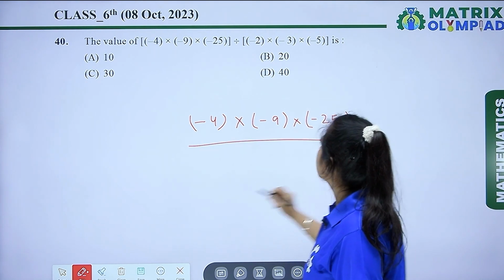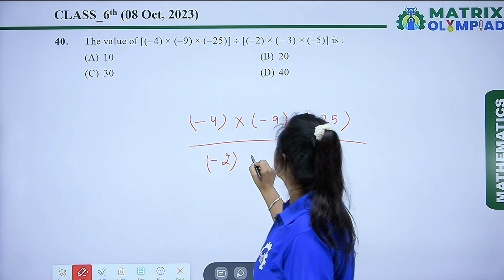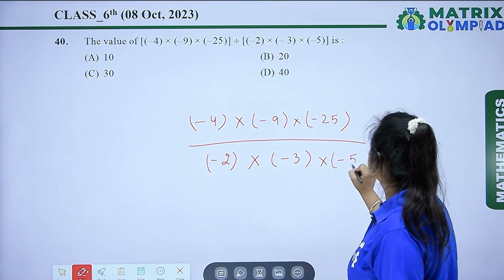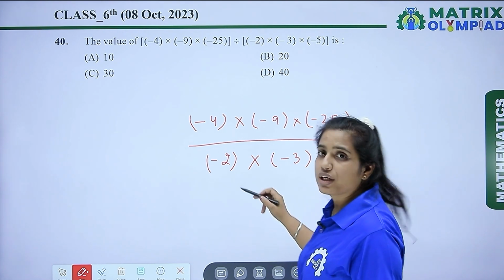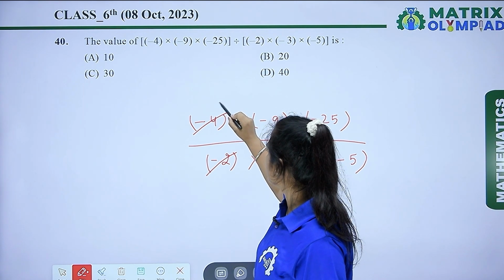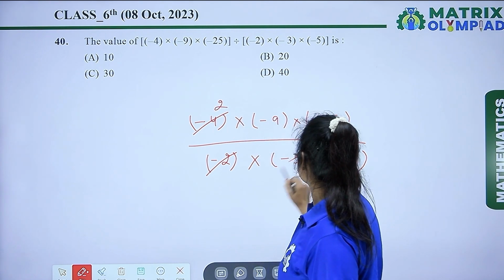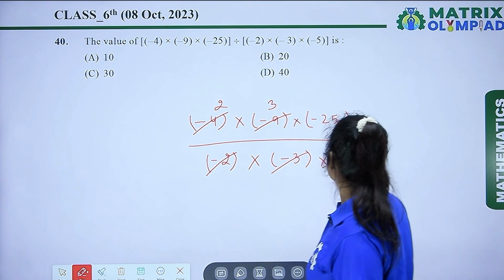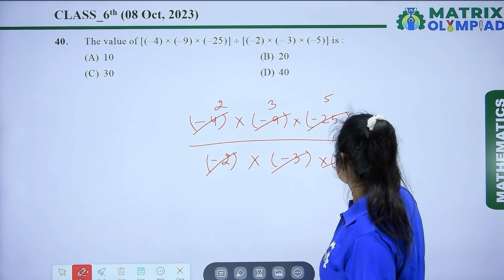This whole is divided by -2 multiplied by -3 multiplied by -5. So let's do the cancellation. -2, -4 will give us 2, 3, 9 will give us 3, 5 and this is 5.